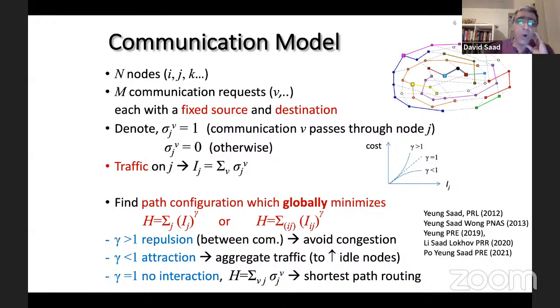Now, all of these problems have been solved using a method called message passing, which I'm not going to elaborate too much on, but it is based on the fact that you are passing conditional probabilities between neighboring nodes until all of these messages that inform your neighbors about your state more or less converge to their asymptotic values, and then you can infer the values of the variables, and hence also the routes themselves.